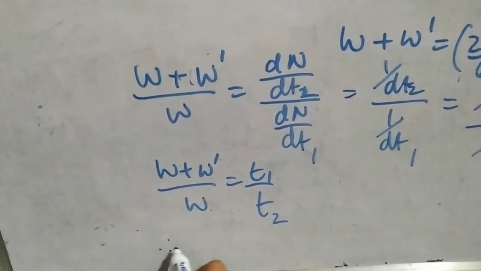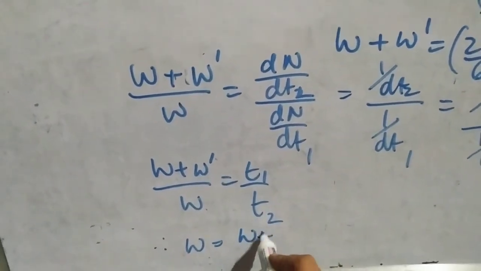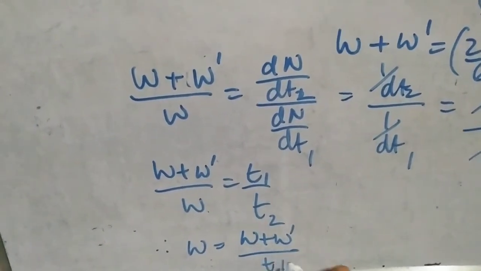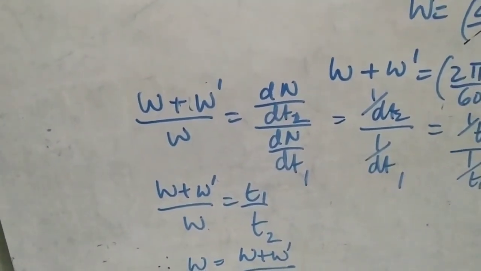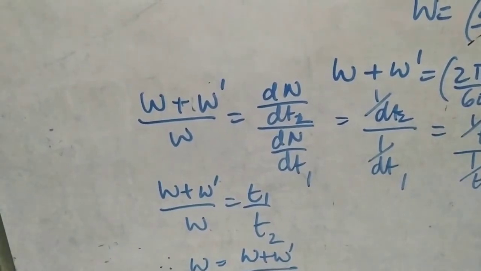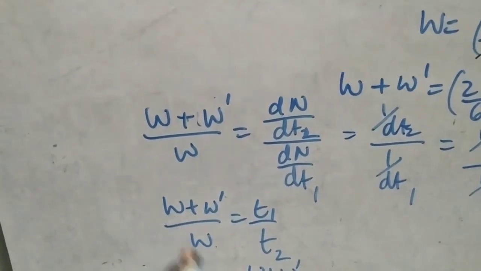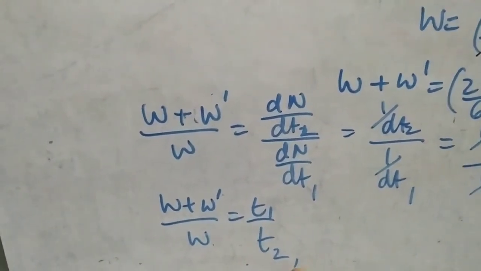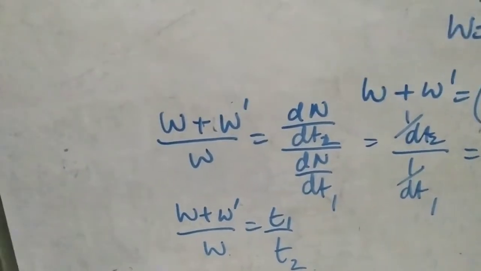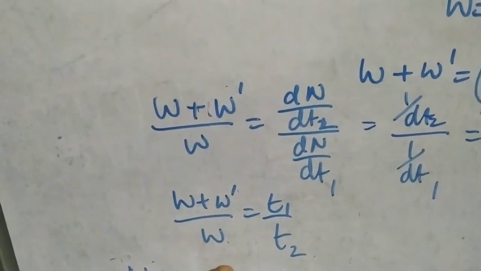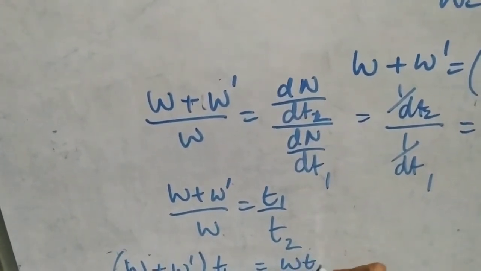Cross multiplying these two, we get W plus W dash multiplied by T2 is equal to W into T1.